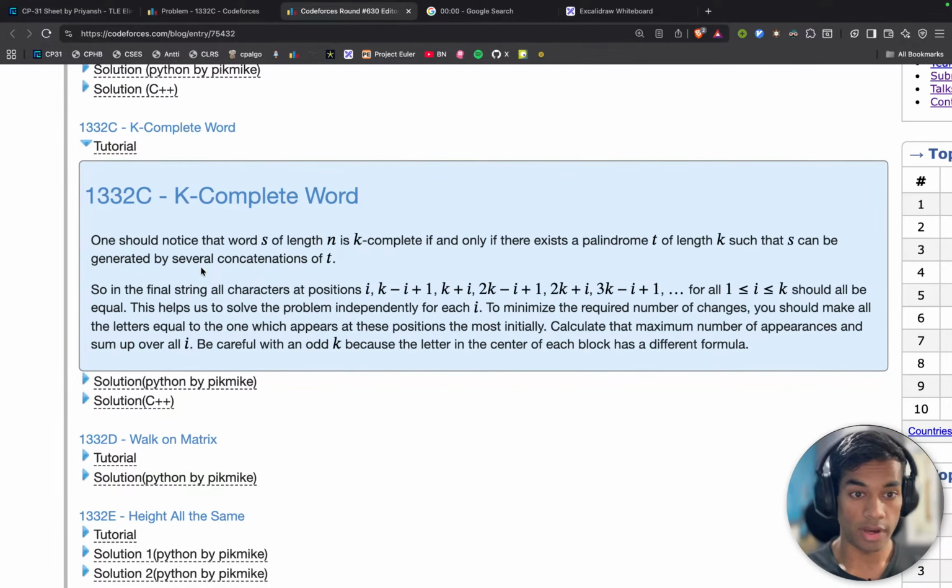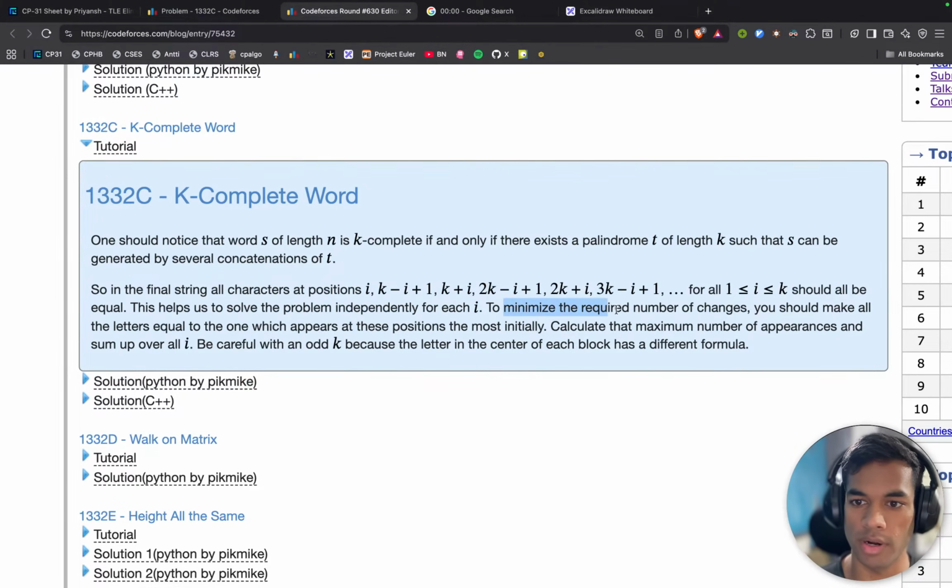So in the final string, all characters at positions i, k minus i plus 1, and the next kth characters should be equal. This helps us to solve the problem independently for each i. Yes, we can solve this problem independently for each i.